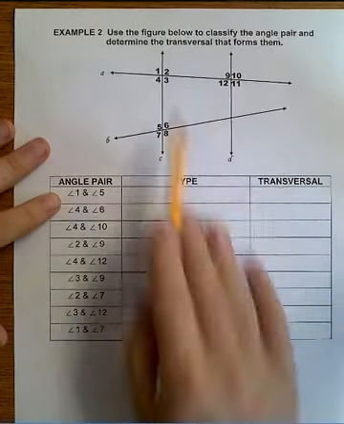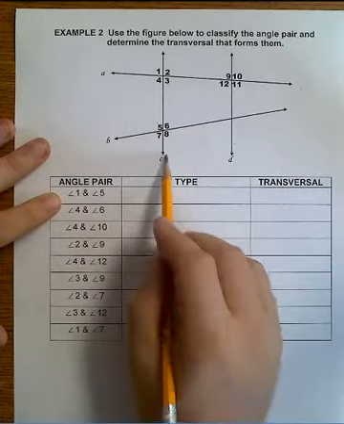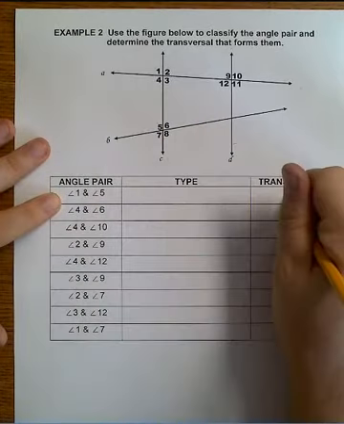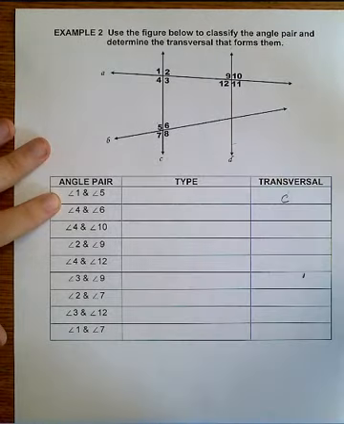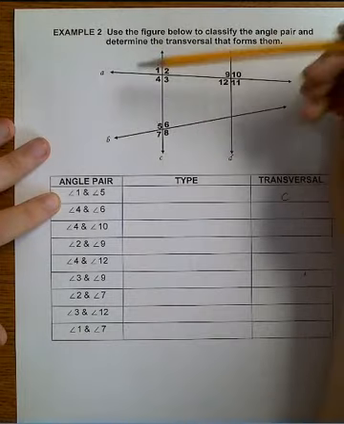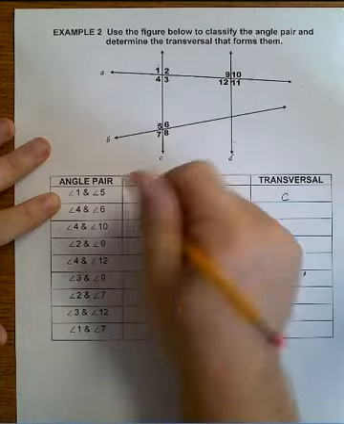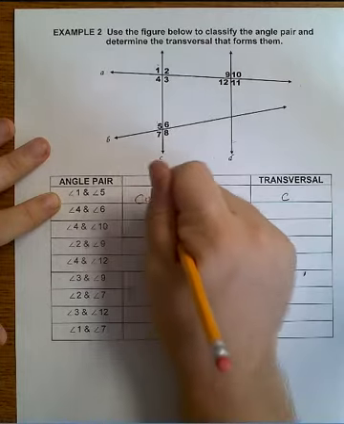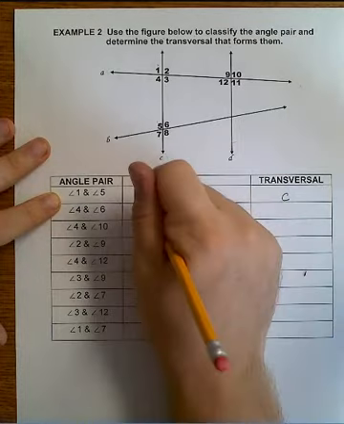So we have 1 and 5. The line they share is C. So my transversal is C. Now 1 and 5, they're located in the same spot. Same spot means corresponding. And you can just do C-O-R-R for corresponding.